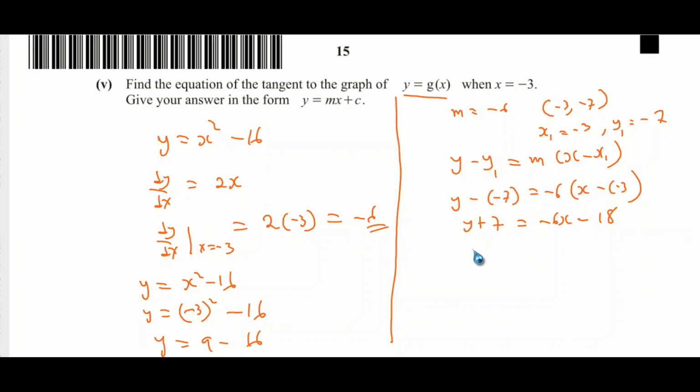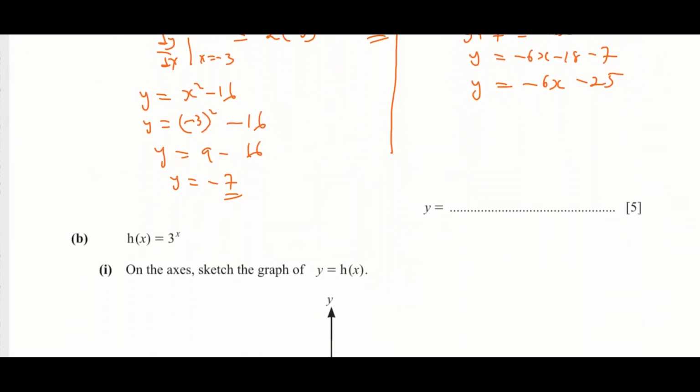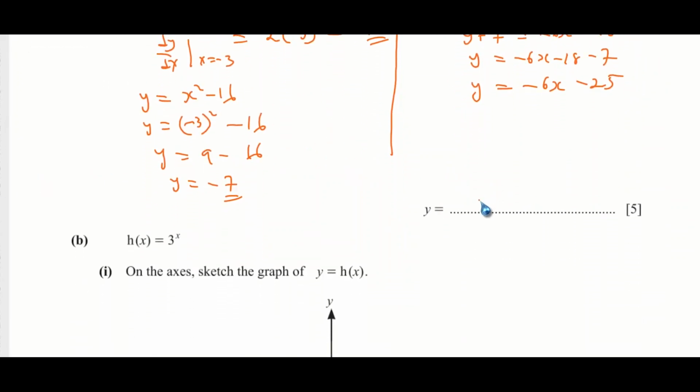Okay, so if we rearrange, we get y equals minus 6x minus 18 minus 7. So y equals minus 6x minus 25. So if you scroll down, you can put minus 6x minus 25 here. Okay, so that will be this.